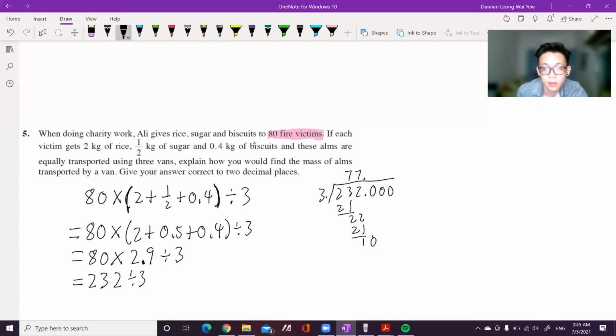Point. I put 3. 3. 3. Okay, 77.333. So the 3 here is less than 5, means I round down. It remains as 3 here. So means it is 77.33. That is for question 5.